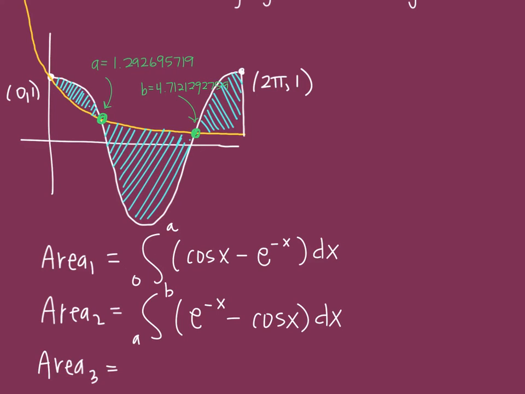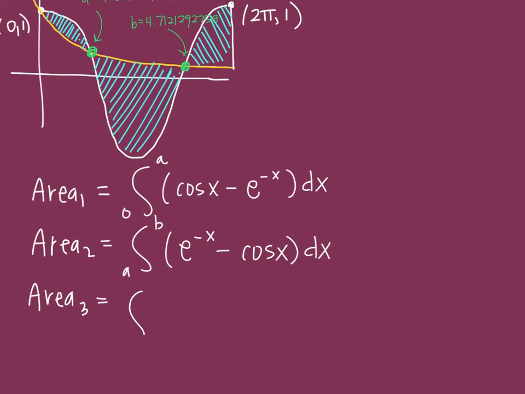You get a negative answer. You can't have negative area, okay? So between two curves, you can't have negative area. So that should be a big clue if you get a negative number. And then area 3 would go from b to 2 pi. And then that's back to having cosine of x minus e to the negative x dx.